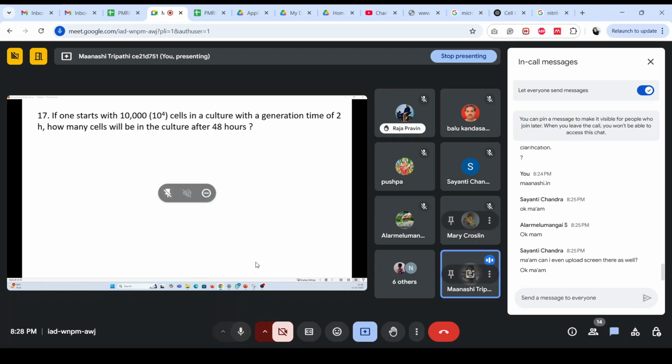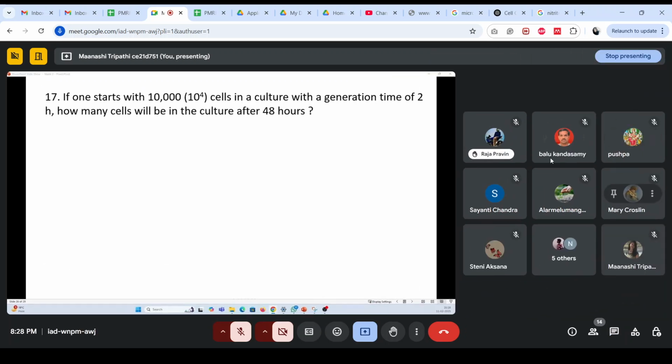Solve this question, and you can write the answer in the box when you are done. Then I will give you the step by step solution. Take some time, no problem. You can take more time if you want. I can give you 5 to 8 minutes. If you need more time, let me know. Take a paper, pen and also a calculator. Just apply the formula and solve this one.